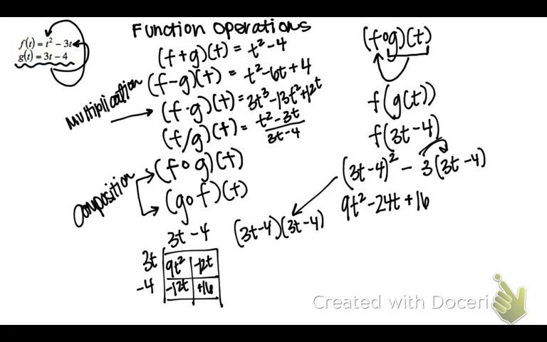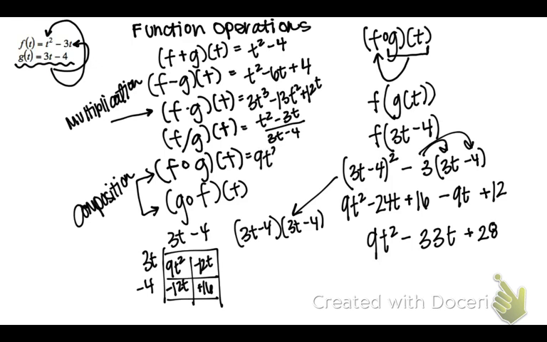If I distribute this negative 3 in, that's negative 9t plus 12. We can combine all that now. So that's 9t squared minus 33t plus 28. So you always plug in whatever the second function is.